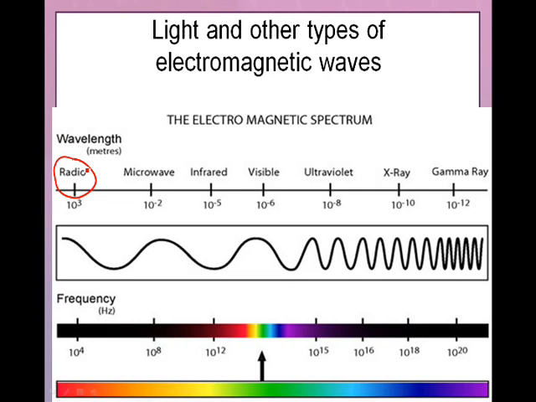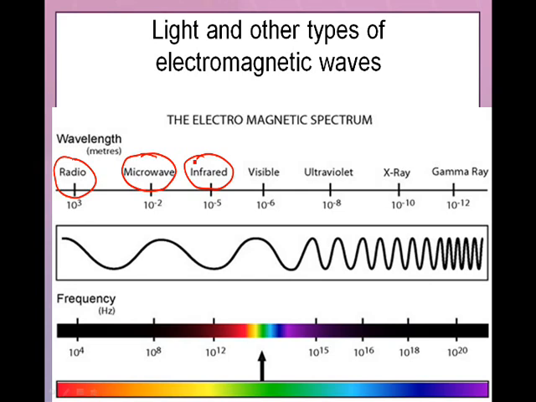Radio that we use for communication or for listening to as we're driving along in our car, microwaves that we use for communication or that you use to maybe warm up some food or pop some popcorn, infrared radiation that we may use as a food warmer, a light that puts energy down onto some food and warms it up, or we may use it in our remote control devices.